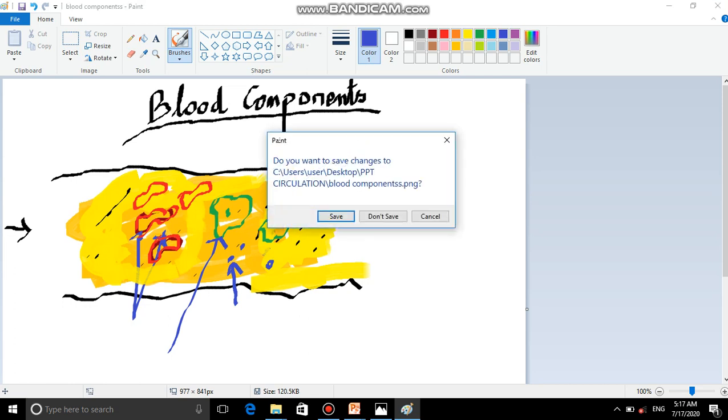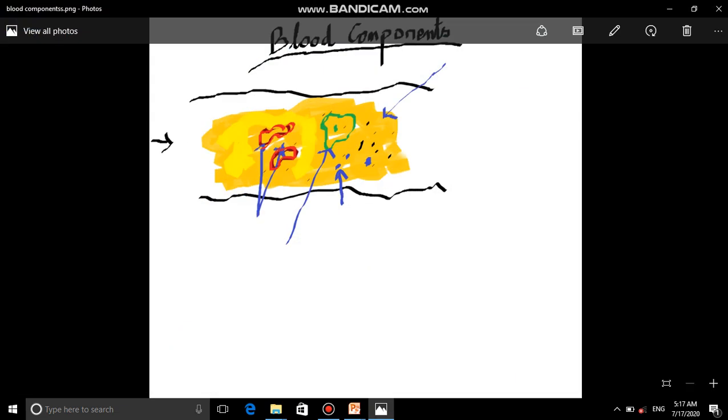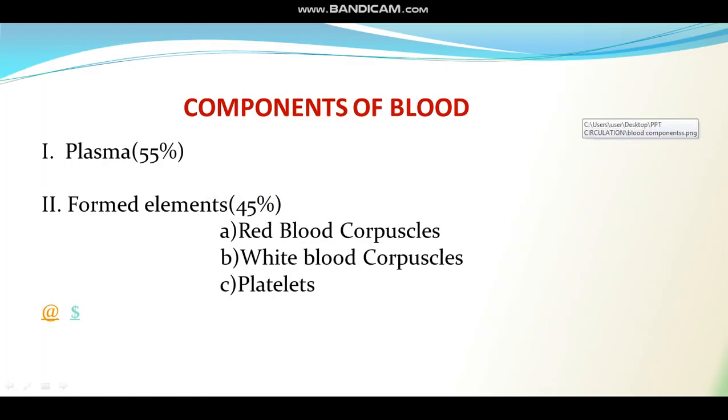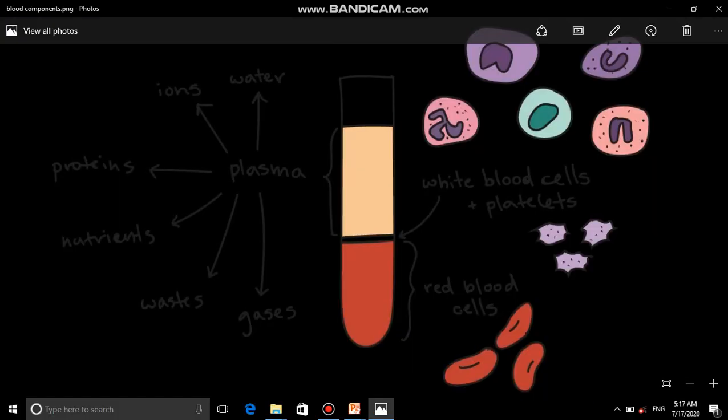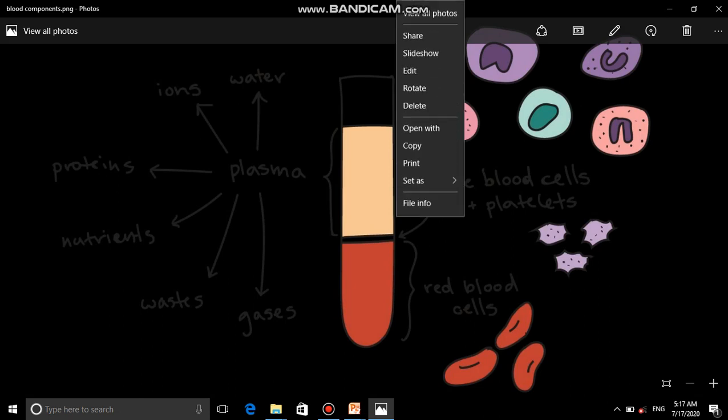Now moving to the next diagram, let's have a look at one more diagram to understand the different components of the blood.